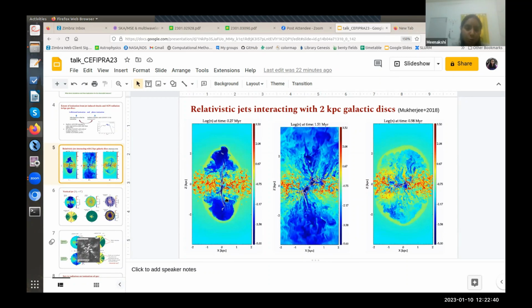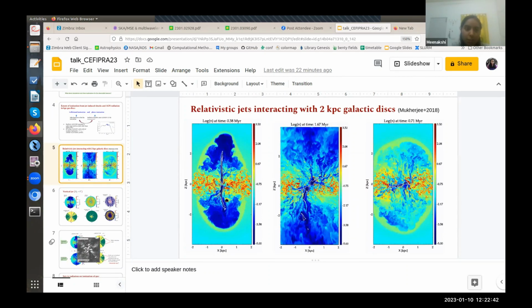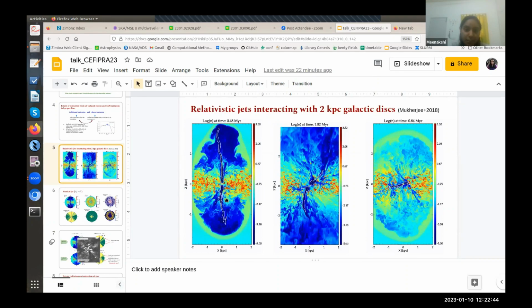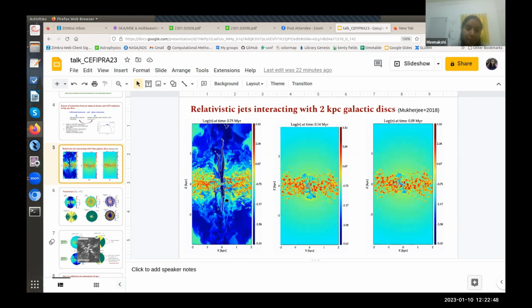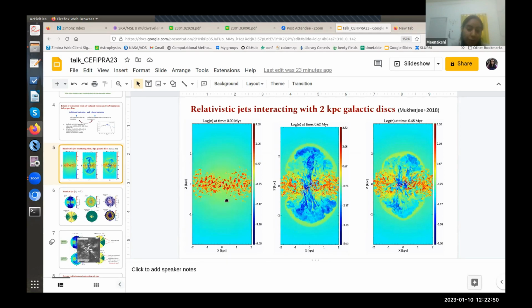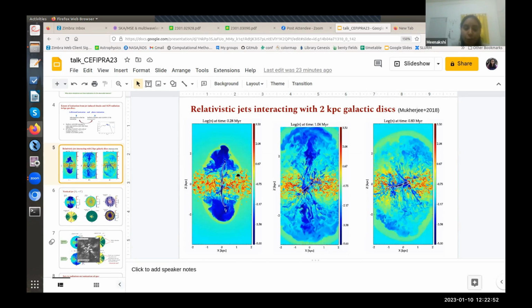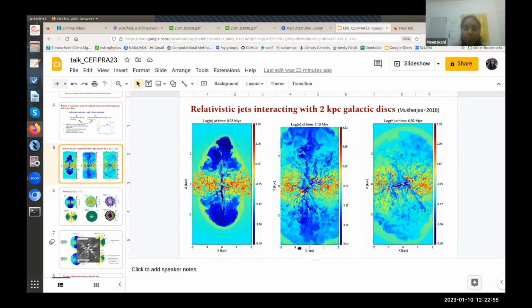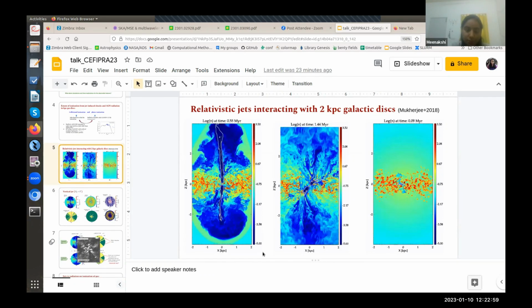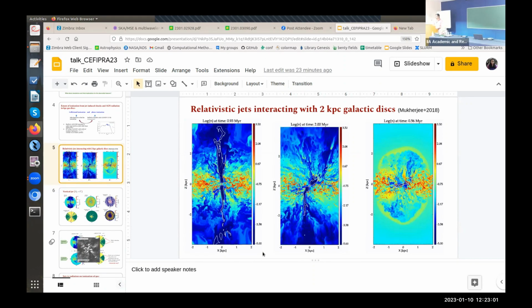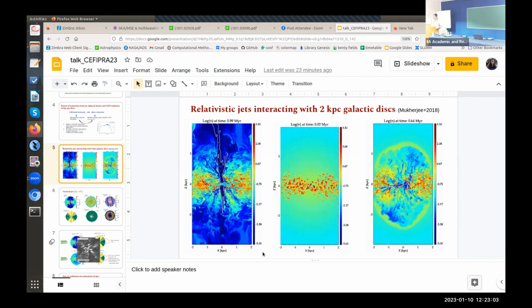As people have found in the ICM or cosmological scale studies, jets have been found to develop till megaparsec scales, so it can also affect the ISM. Our study mainly focuses on the ISM, but it can also affect the ICM as well, and also the IGM.